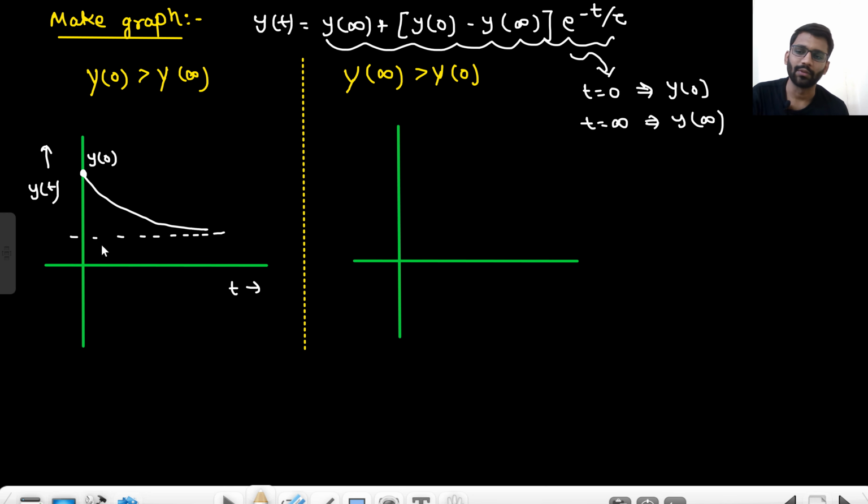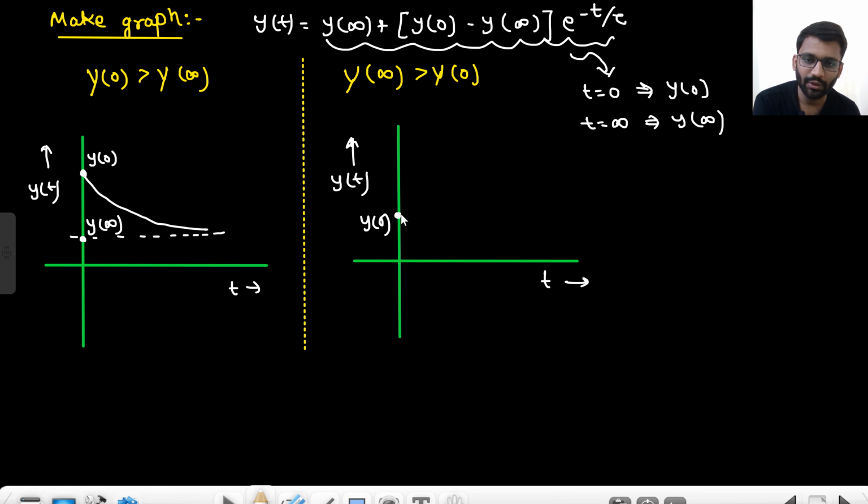And if y of infinity is higher, you will start from y of 0 and eventually go to y of infinity, right?